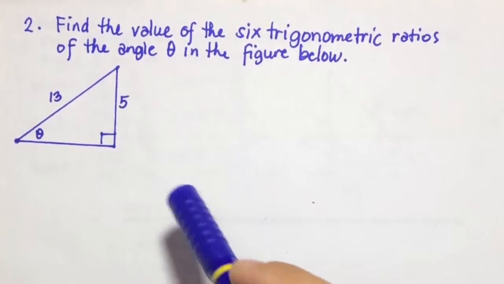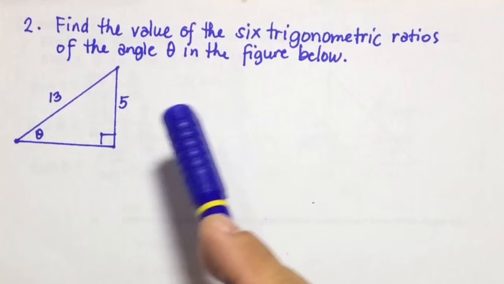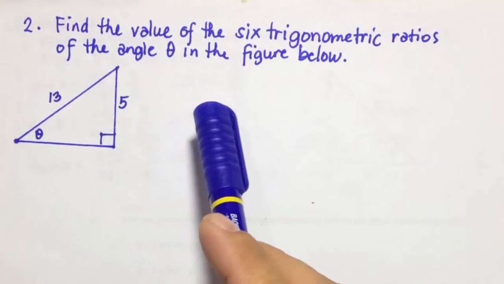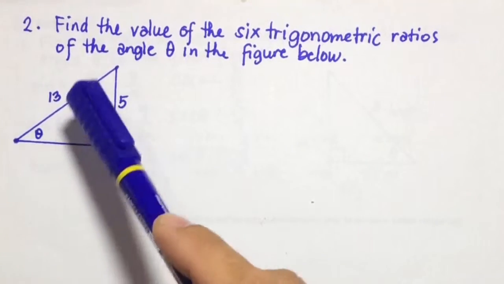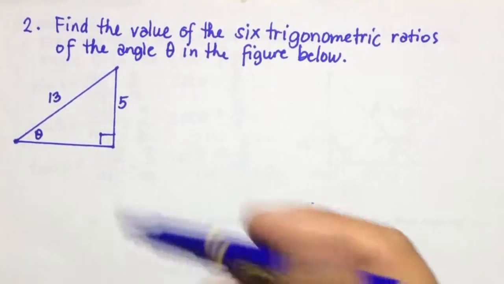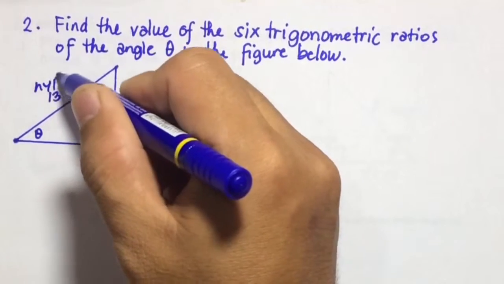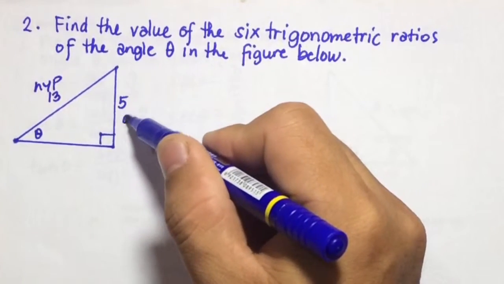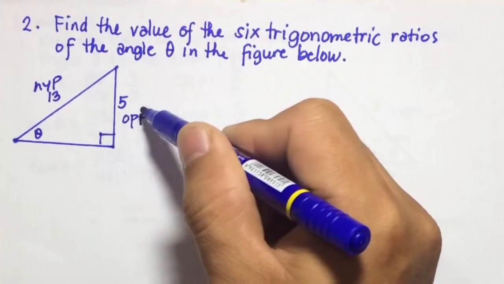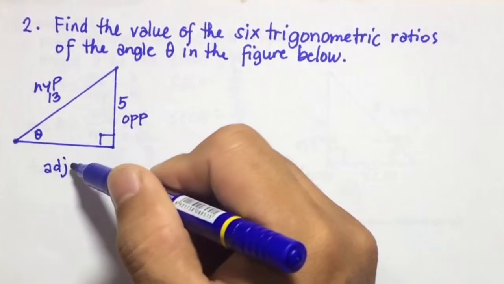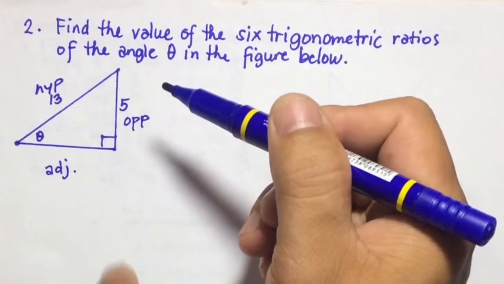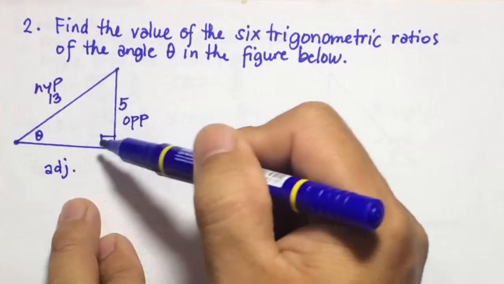Example number 2. Find the value of the 6 trigonometric ratios of the angle theta in the figure below. So this is theta here. So hypotenuse here is 13. The opposite side here is 5. And the adjacent side here is unknown. So what we're going to do first is find the length of the adjacent side.